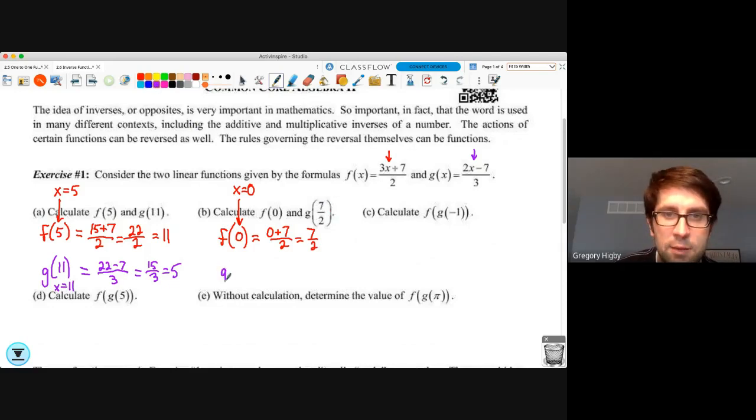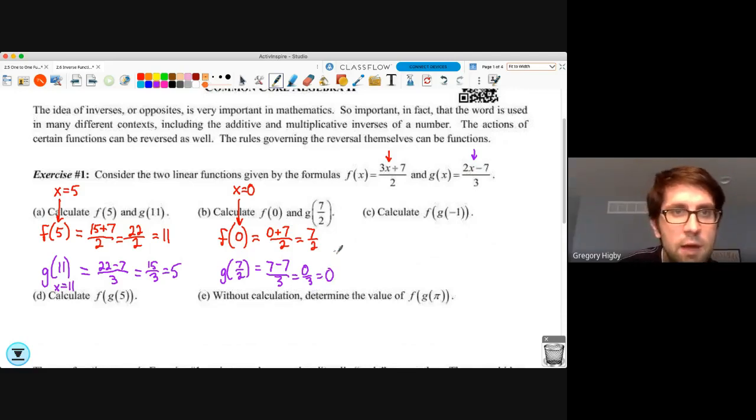And then I'm going to do g of 7 halves. So as a reminder, this is saying that x equals 7 halves for the g function. Well, 2 times 7 is 14, divided by 2 is 7. So I have 7 minus 7 divided by 3. Well, 7 minus 7 is 0, and 0 divided by 3 is still 0.